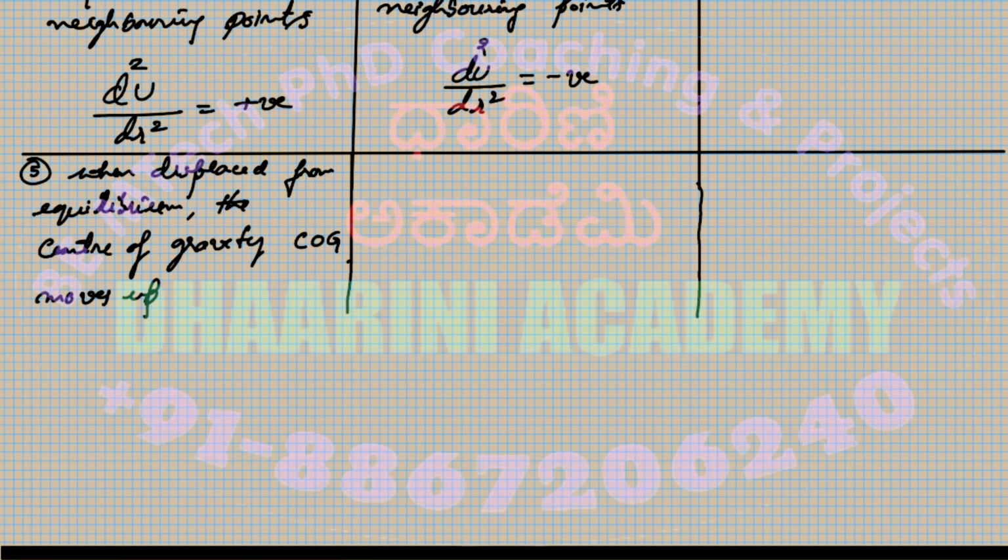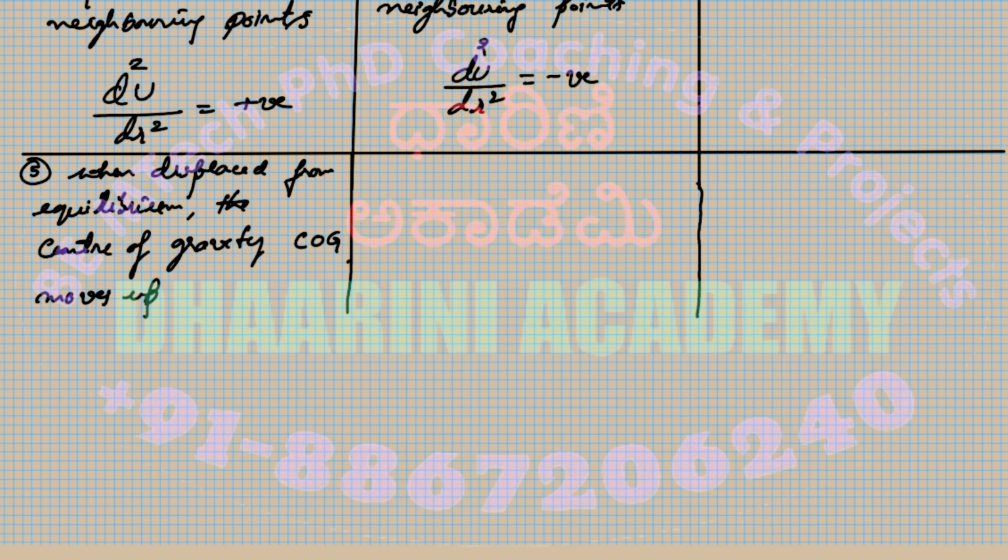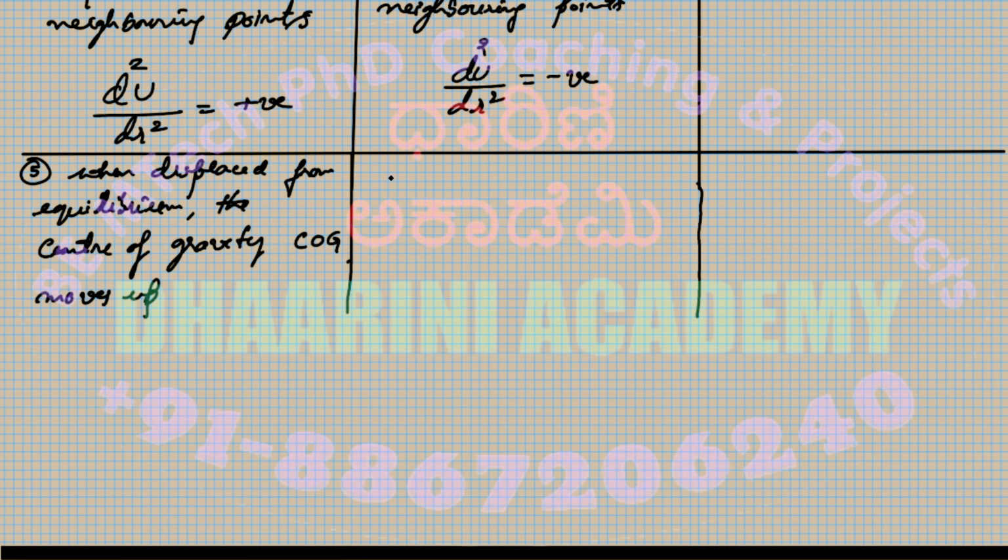At the same time, for the second case, in equilibrium, it is at the highest position. As soon as you displace, the COG comes down. Okay, so same thing here, right? When displaced from equilibrium, the COG, center of gravity of the body, comes down.